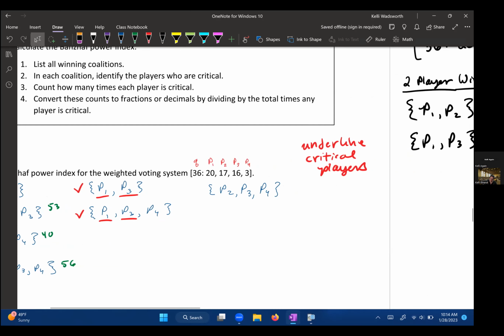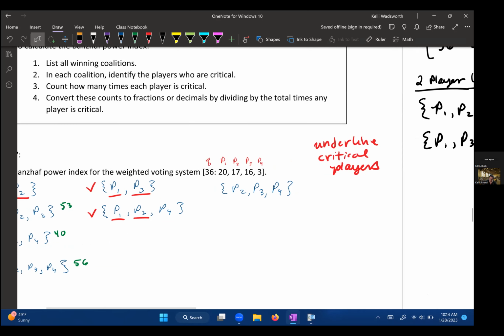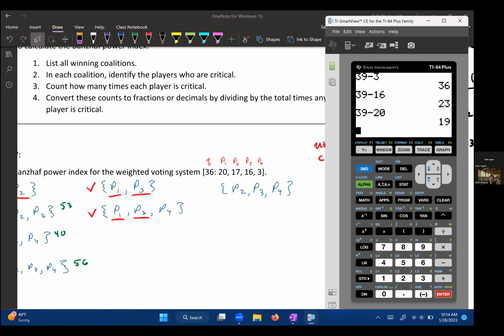Here, I'll just slide over so we can see the calculator and the coalition we're talking about. So let's add those together. 17 plus 16 plus 3. Oh, so that coalition exactly meets quota. Therefore, all players are critical, right? Because if you take away any of those votes, you're going to fall below quota. Okay.